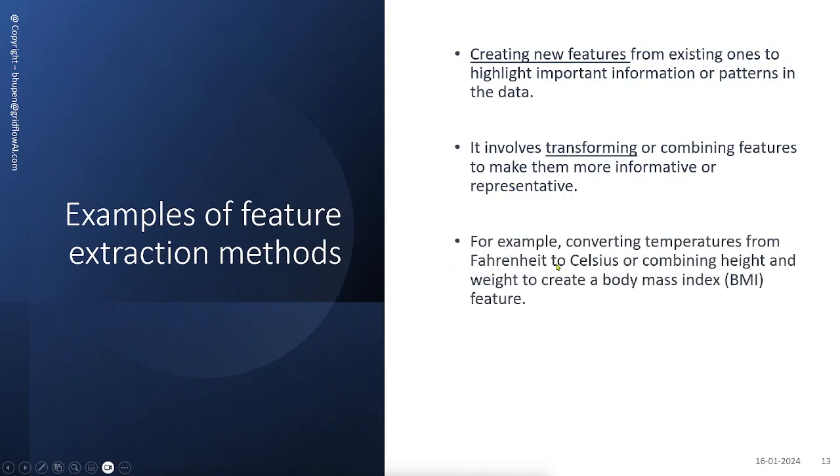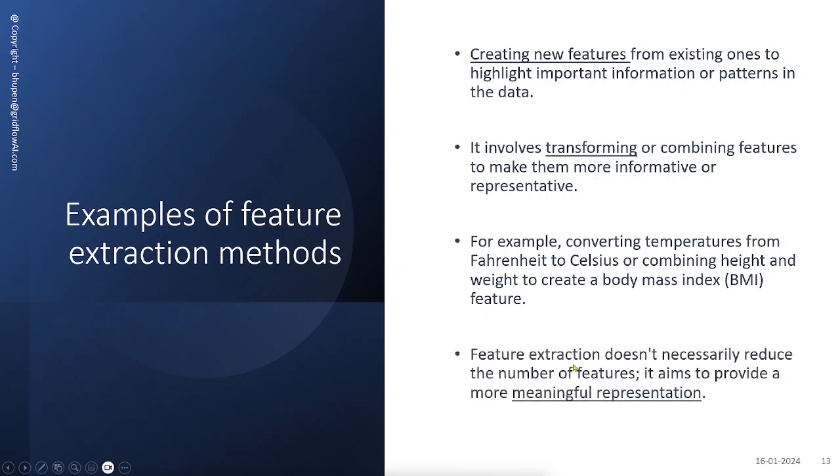For example, if you have temperatures in Fahrenheit and Celsius, or combining, let's say, height and weight to create BMI. So we can use either height and weight, or we can use BMI to represent the feature. So feature extraction does not necessarily mean reducing the number of columns.